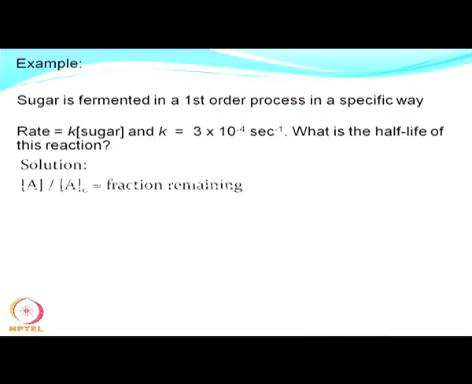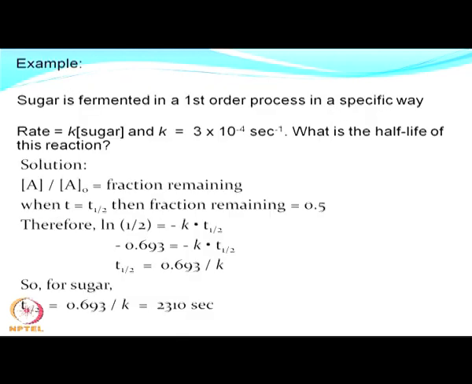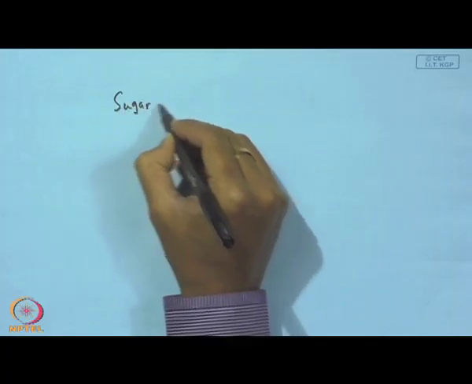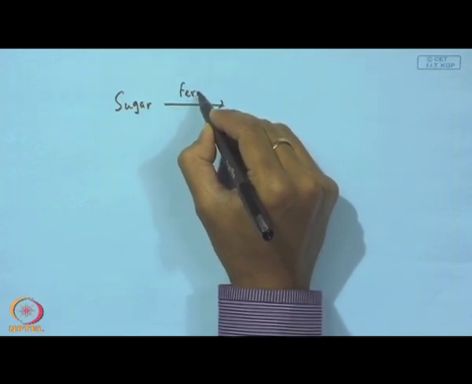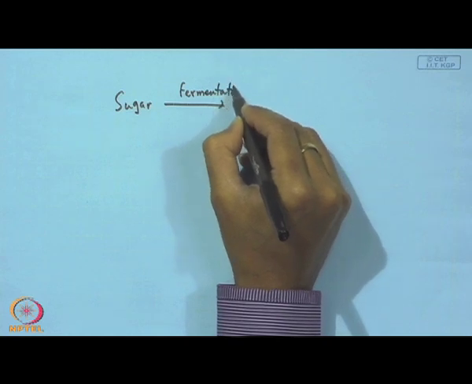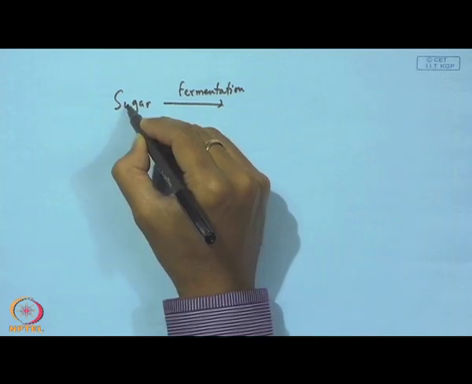There is another example of t half. Sugar is fermented in a first order process, in a specific way, where the reaction is fermentation, producing other chemicals.